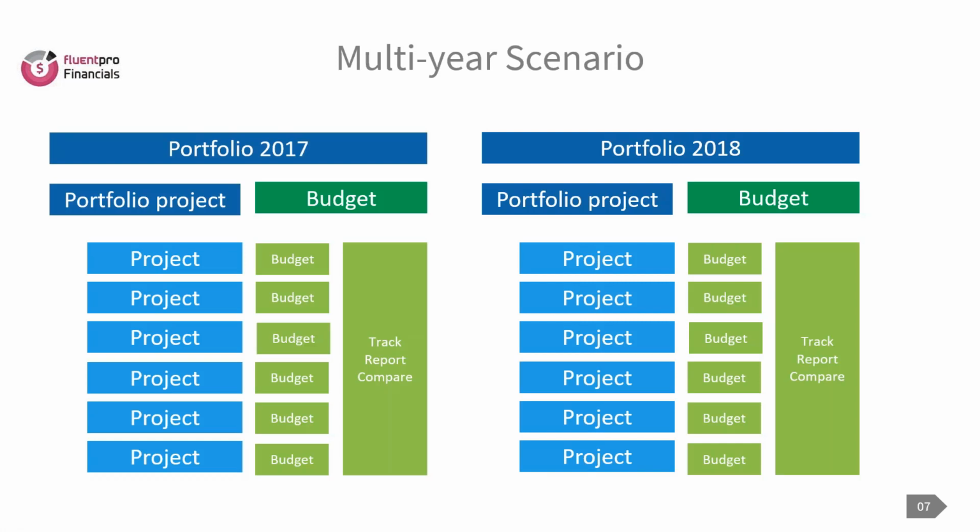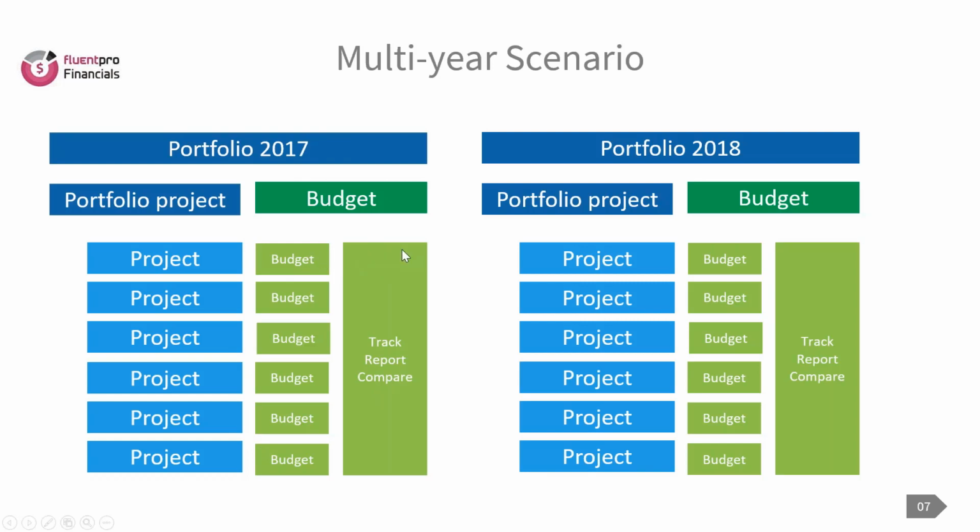Another scenario, if you are working on a fiscal year model, is that you can have your portfolio just for 2017 and have a budget for just that year, and in the same way your projects can be organized within the same year, and you can compare the budget for that specific year.